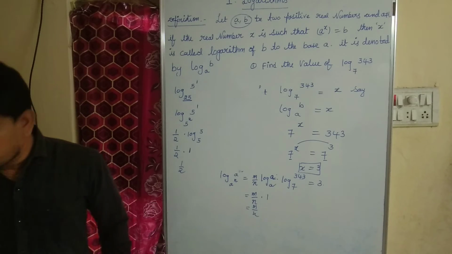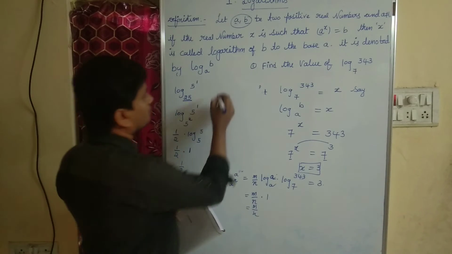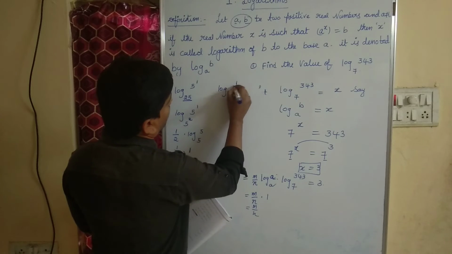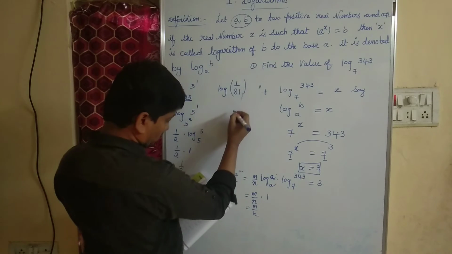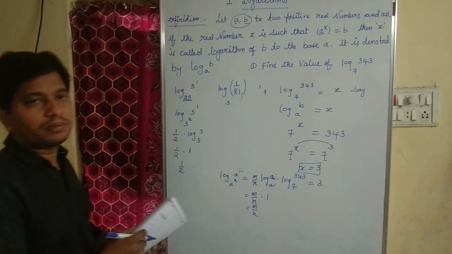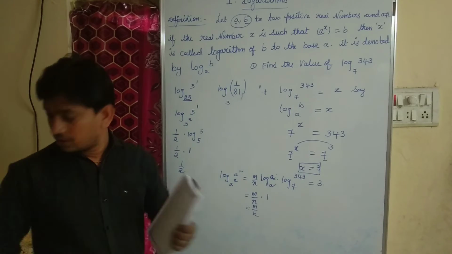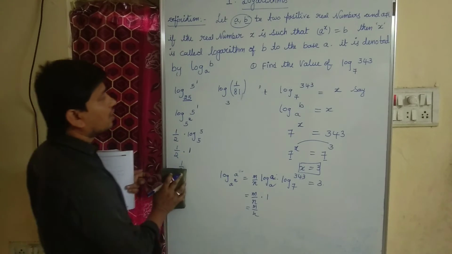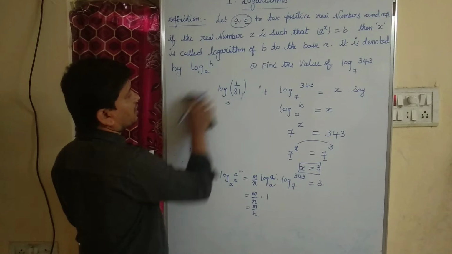Now coming to one more problem, log 1 by 81 to the base 3. Log 1 by 81 to the base 3. How can I write log 1 by 81 to the base 3?